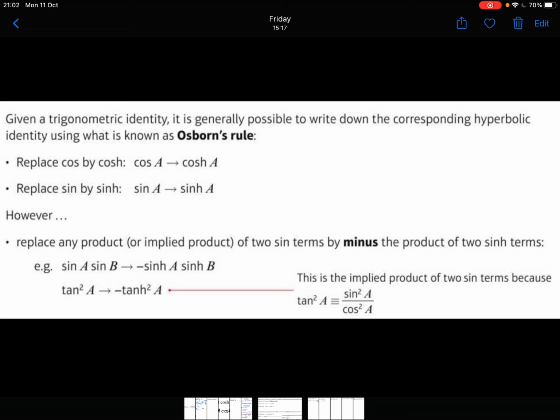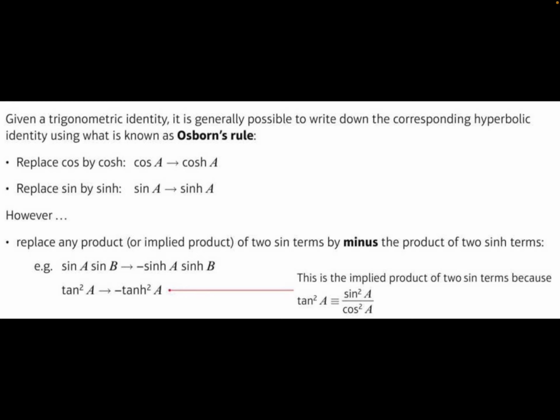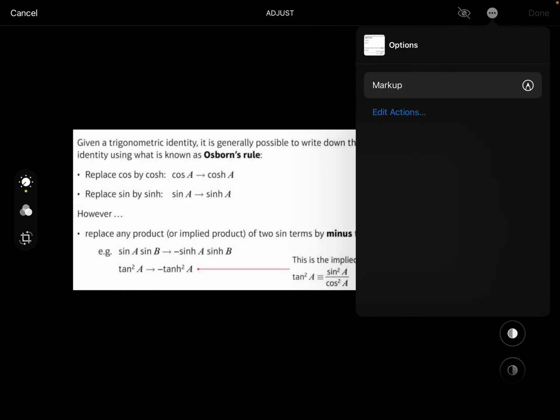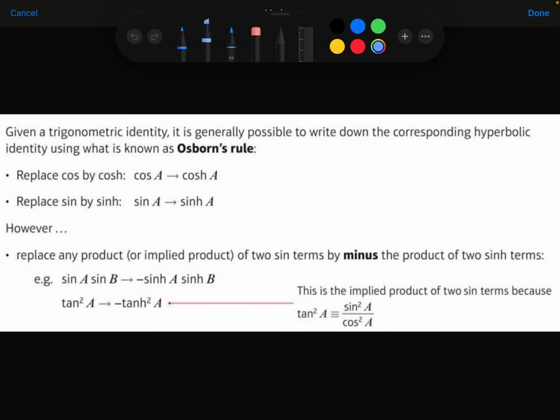But if you have 2 sinh terms being multiplied together, you have to flip the sign. So basically, if you want to swap a trigonometric identity for a hyperbolic identity, all you do is swap the cos for cosh, swap the sine for sinh, that's all fine, but be super on the lookout for if you have a sinh times a sinh. If that's the case, you have to swap the sign.